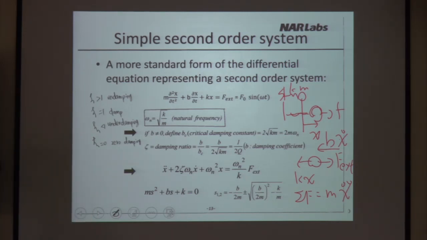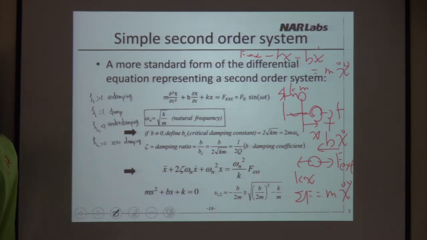So to the right is positive, to the left is negative. So Fext to the right, Ks to the left, minus Kx. Bx dot to the left, minus Bx dot, equals M times x double dot.